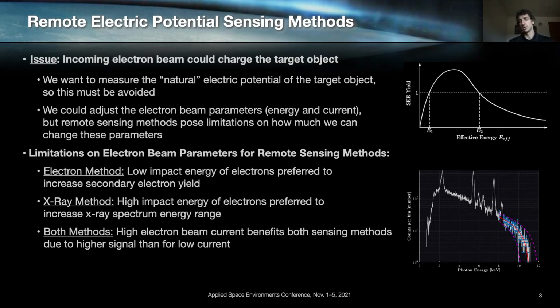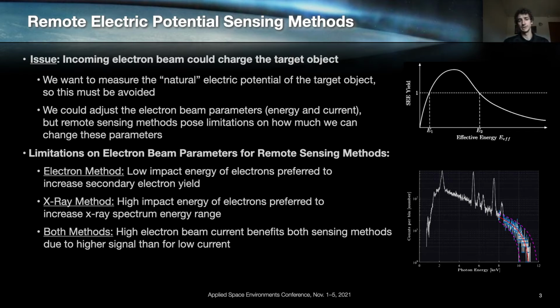One of the issues with using an electron beam to excite those secondary electrons and X-rays is that the electron beam might actually charge the target object, but we would like to measure the natural electric potential of the target object. So we would not like to charge the target object while sensing the potential.